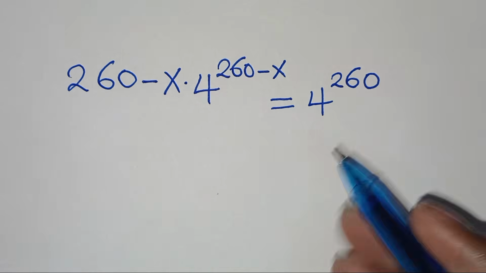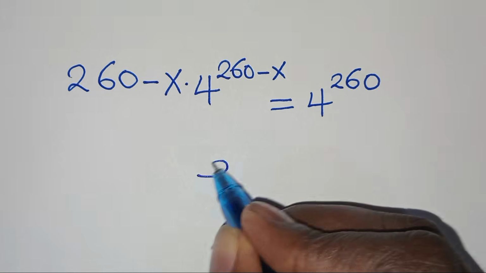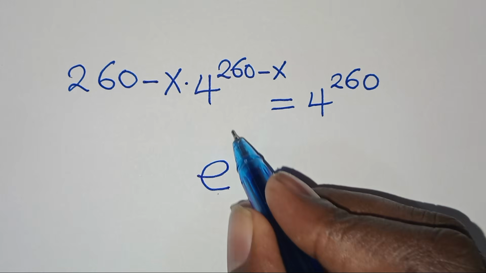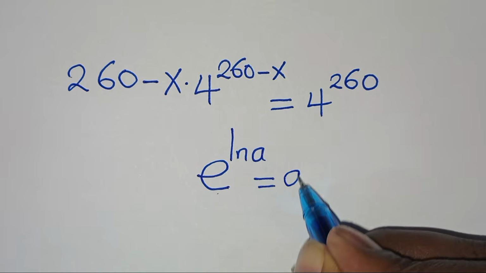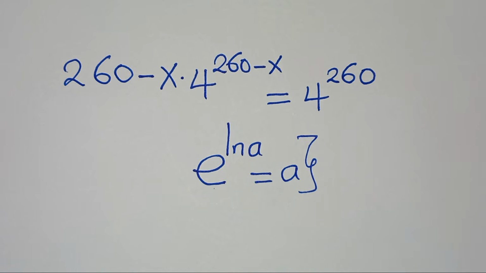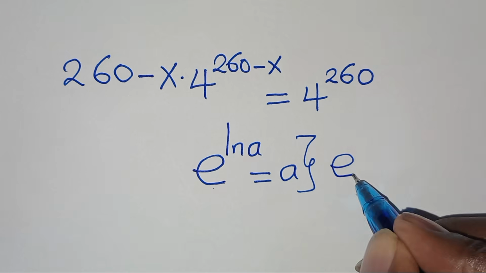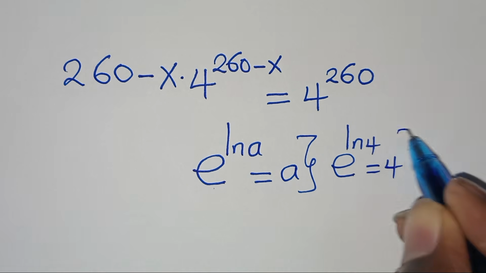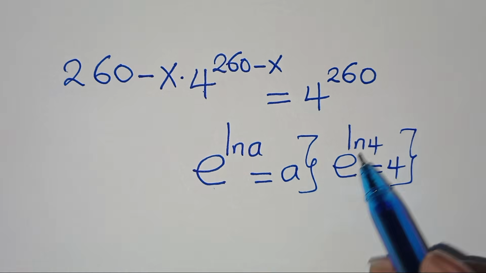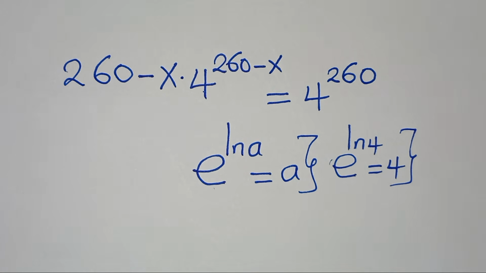Now, in the next step, let's introduce the exponent property, which states that exponent e raised to the power of ln of a is the same thing as a. So exponent e raised to the power of ln of 4 is the same thing as 4. So let's substitute 4 with exponent e to the power of ln of 4.